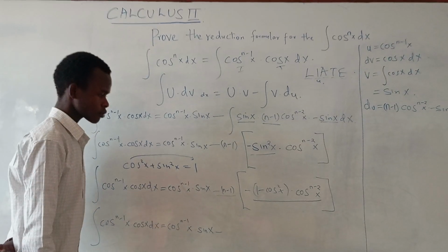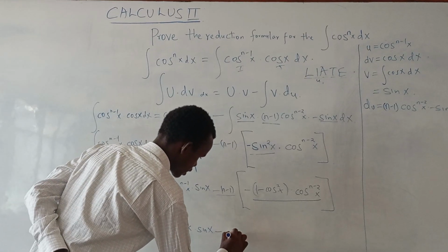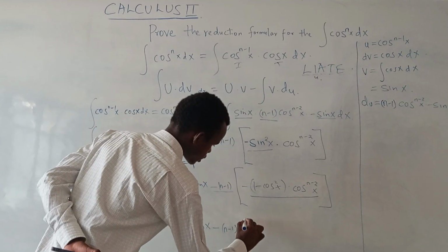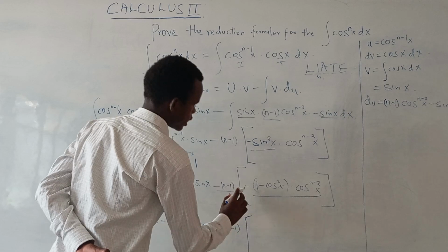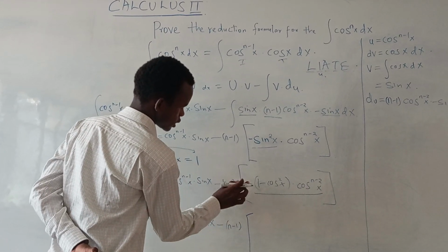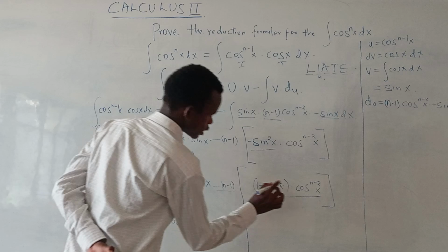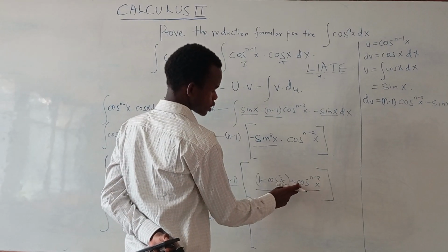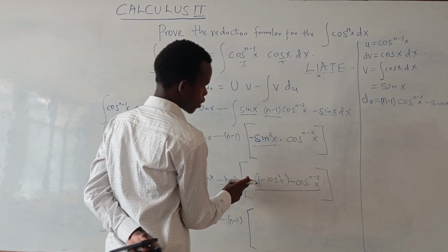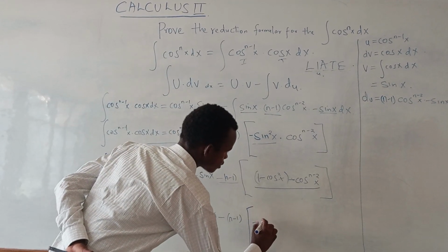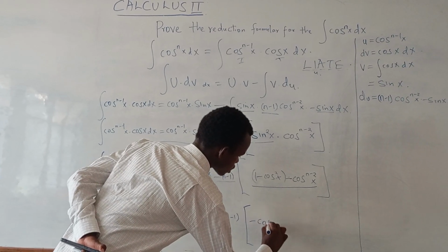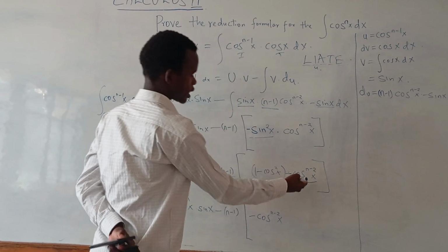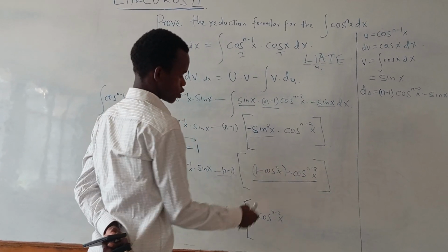minus, let's just write minus n minus 1. Opening this bracket, we'll get negative 1. Okay, let us take this negative here. So it will be negative cos to the n minus 1 multiplied by 1. Opening the bracket, we'll get negative cos to the n minus 2 of x. So multiplying this with this, it will be positive.